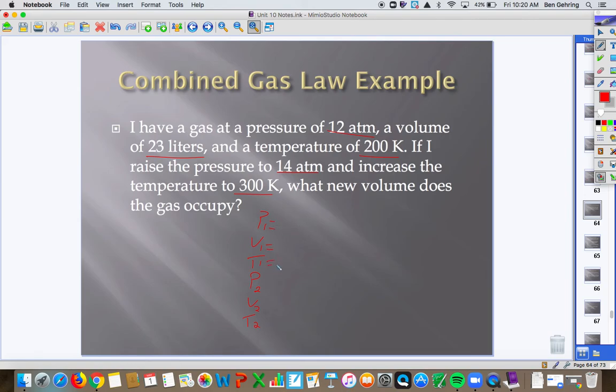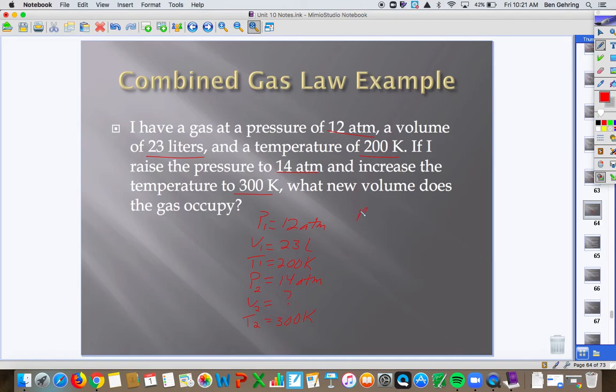So my initial pressure was 12 atmospheres. I know that my volume was 23 liters, and my temperature was 200 Kelvin. My second pressure was 14 atmospheres. The temperature was 300 Kelvin, and I'm looking for this.